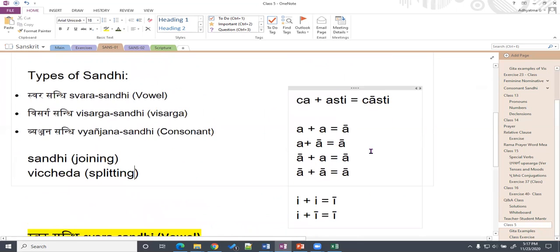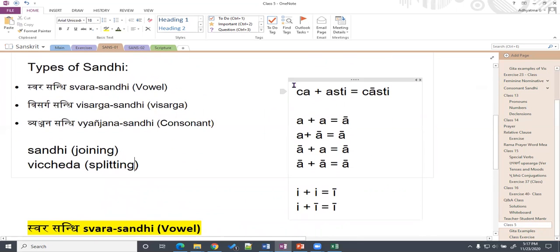Here I am saying cha plus asti, chasti, but suppose I have this word in the text and any of these four combinations are possible. How do you know it is only this? When you have the underlying knowledge of the words, you will understand that these are the two valid words, and therefore cha plus asti becomes chasti.